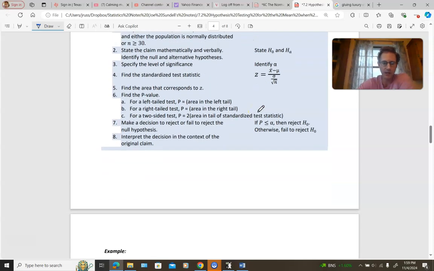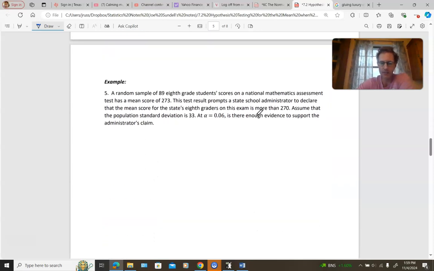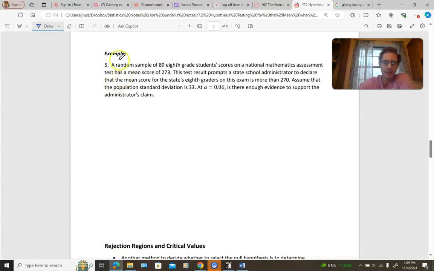Okay, so let's try one of these. It says a random sample of 89 8th grade students' scores on a National Mathematics Assessment test has a mean score of 273. This test result prompts a state school administrator to declare that the mean score for the state's 8th graders on this exam is more than 270.